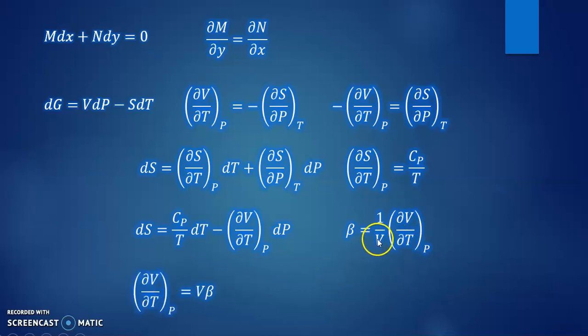So only this term that is dividing passes to the other side multiplying. Now, if we replace that expression in our equation, we'll get this other equation.